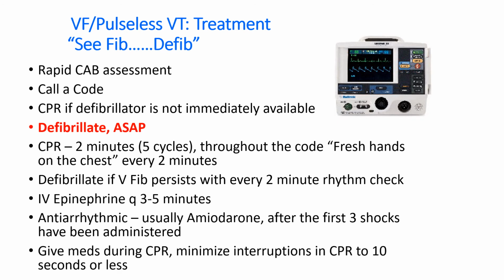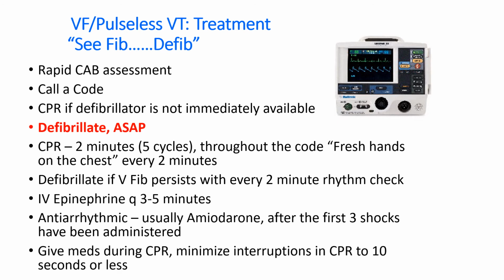After the second shock, you can try epinephrine, and that would be 1 milligram IV every 3 to 5 minutes. Now, epinephrine does not convert V-fib. It supports the CPR that you're giving. What defibrillation does is it stops the chaos of all the electrical activity going on in the ventricles.